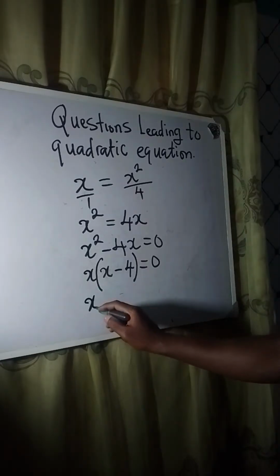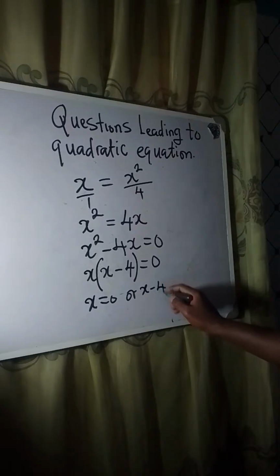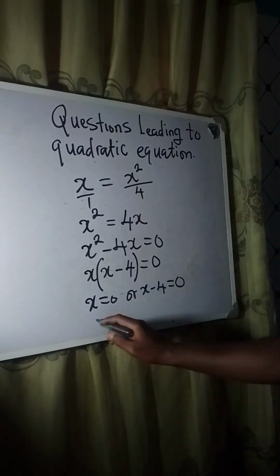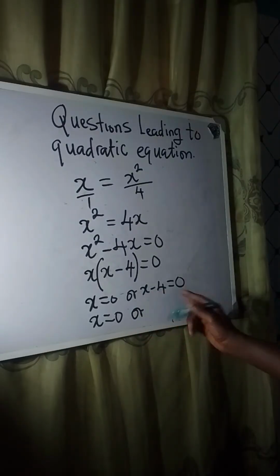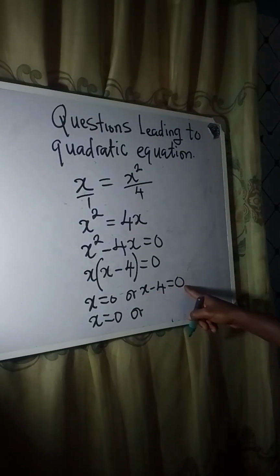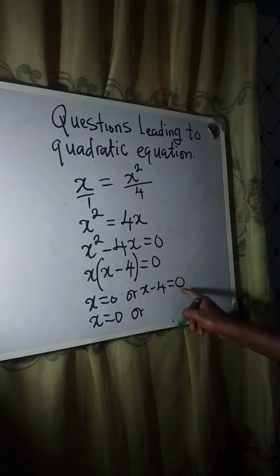So the next thing for us to do is to apply what we call the zero product rule. So we are saying that x is 0 or x minus 4 is 0. X from here remains 0, or from here we are taking minus 4 to the other side so that only x remains, and that will make x equal to 0 plus 4.